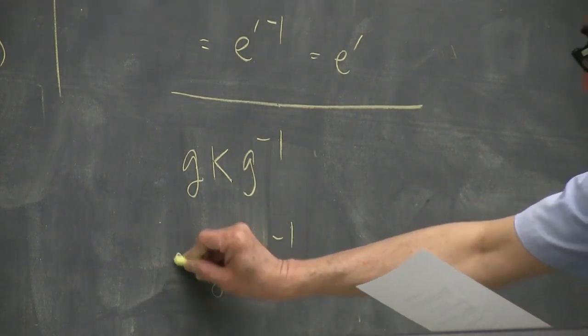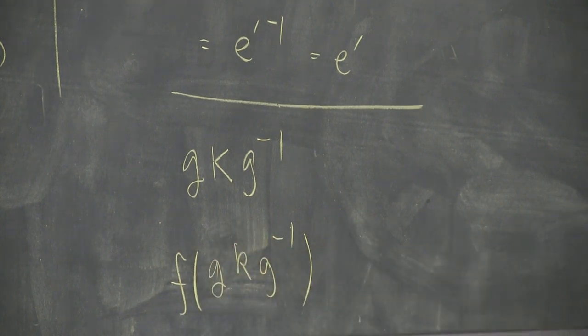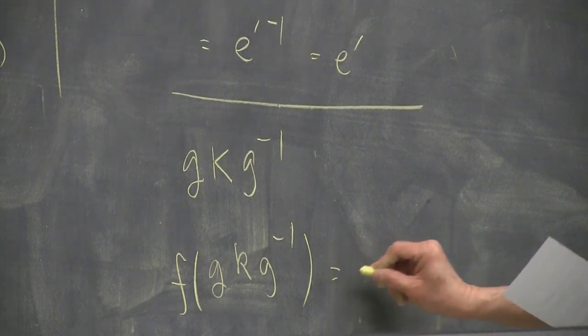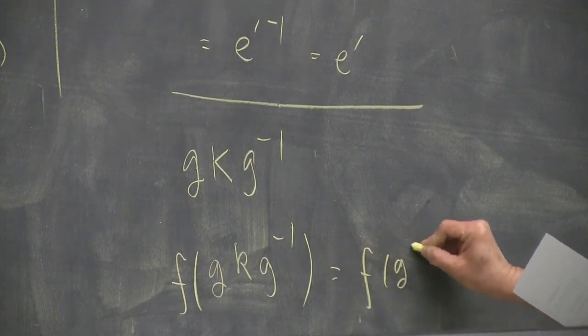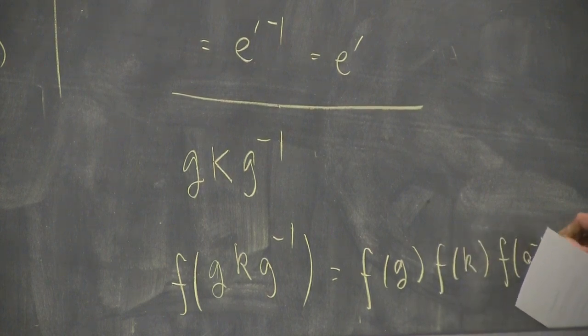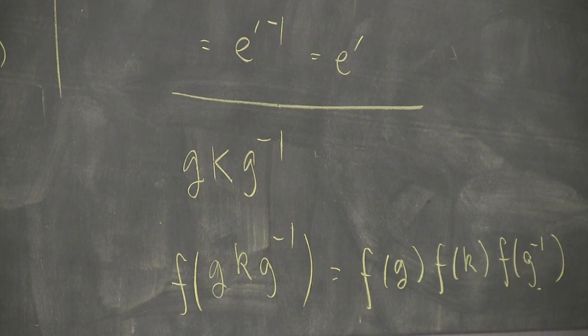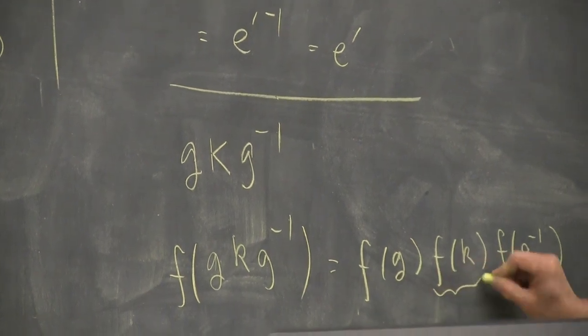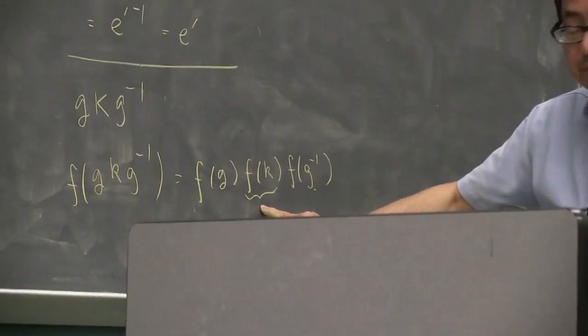Now we try to map this element by the homomorphism. By the homomorphism property, this is equal to f(g) f(k) f(g inverse). Because k is in the kernel, f(k) is equal to e prime.